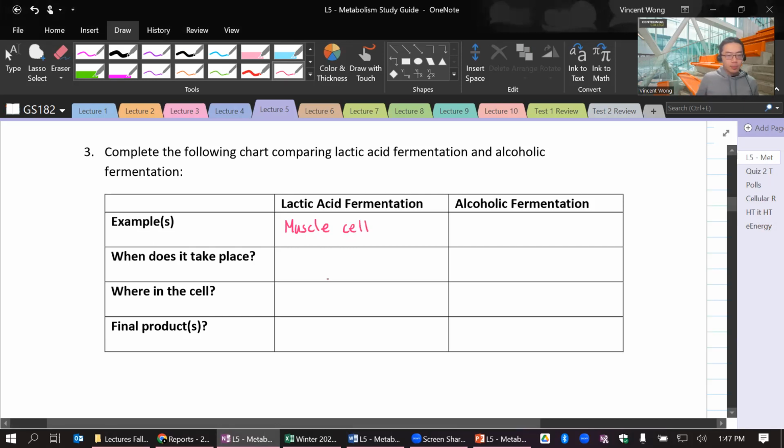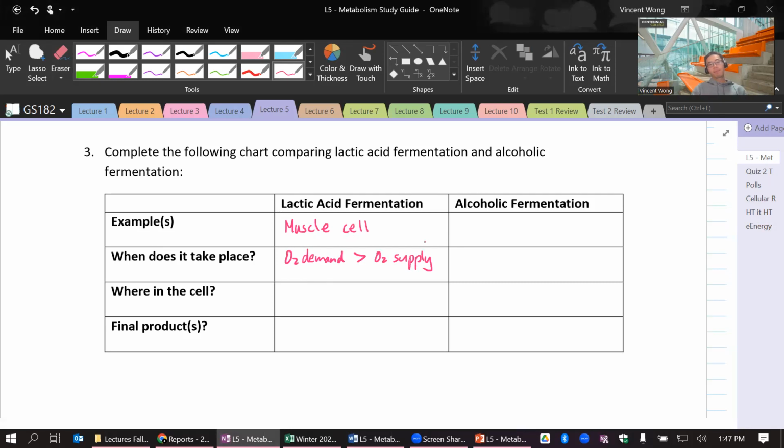When does it take place? This happens when the need for oxygen exceeds the oxygen supply. An example of when that could happen is, imagine you're running at full speed. You cannot keep that up forever.